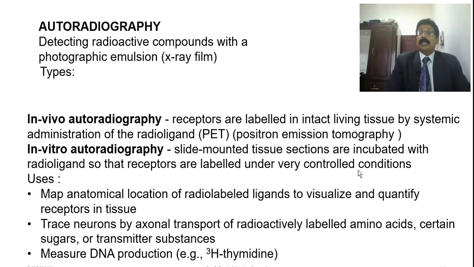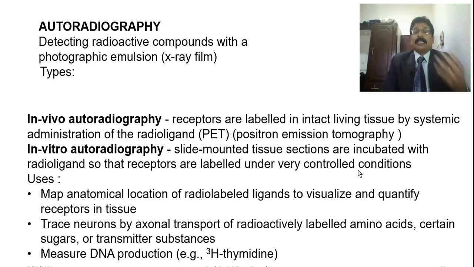There are two types: in vitro autoradiography and in vivo autoradiography. What do you mean by in vivo? In vivo means inside the living cells or living tissue. When you are doing some observation, it is done in the CT scan, or you can see it as normal scanning.